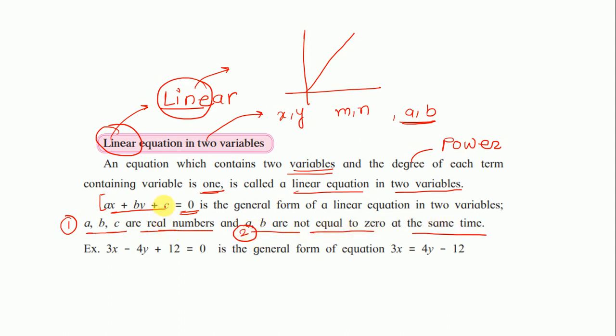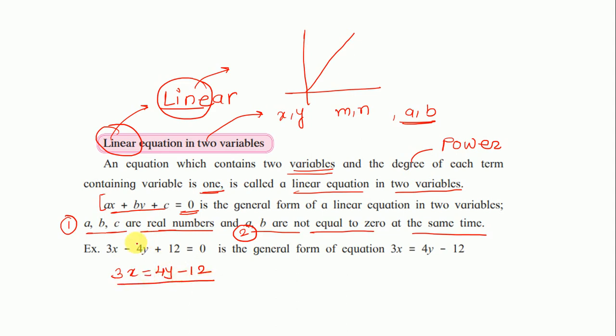If any equation satisfies these two conditions, then we can say that equation is known as a linear equation in two variables. For example, the example is given like 3x minus 4y plus 12 equal to 0. This is the general form of the equation. We can write it as 3x equal to 4y minus 12 also.